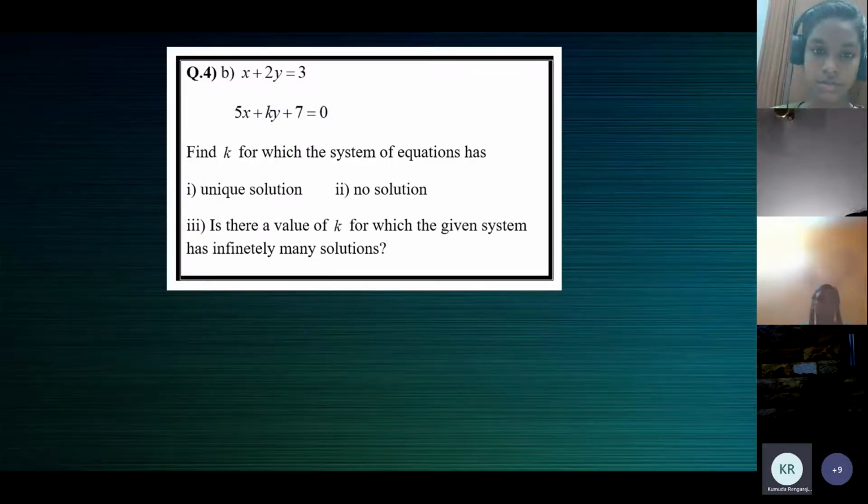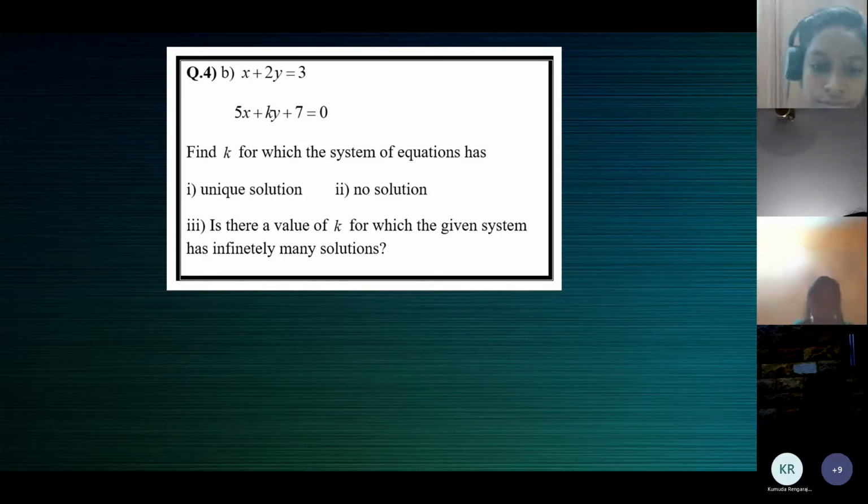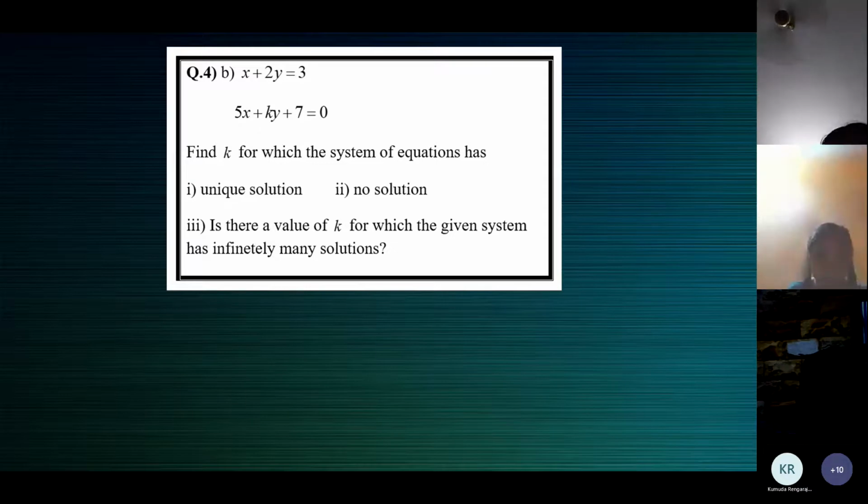Yes, this is your test question. Take down the question first and then answer. Children can share your answer on WhatsApp. Complete it, take a picture, put it on WhatsApp. Let me see how you worked it.